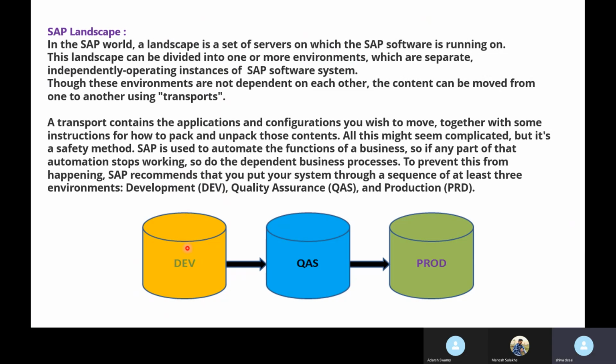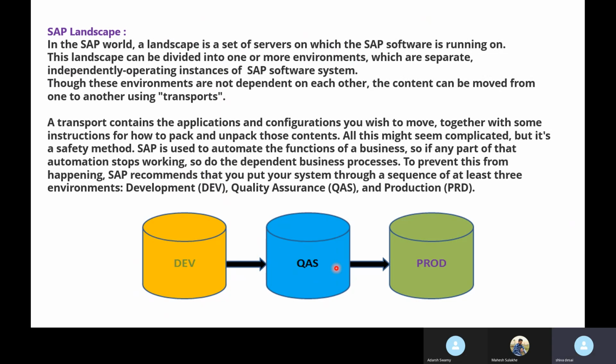After passing the unit test, they will move the data created in development to the quality server. It is called the quality server, quality client, quality landscape, or sometimes quality environment.